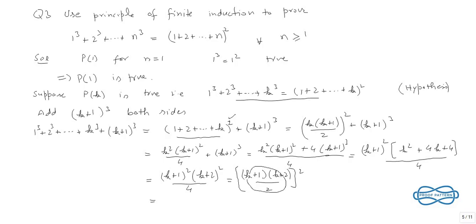Okay, and this can be written as (1 plus 2 plus so on plus k plus 1) whole square, and this means Pk plus 1 is true, and hence Pn is true for all n greater or equal to 1.